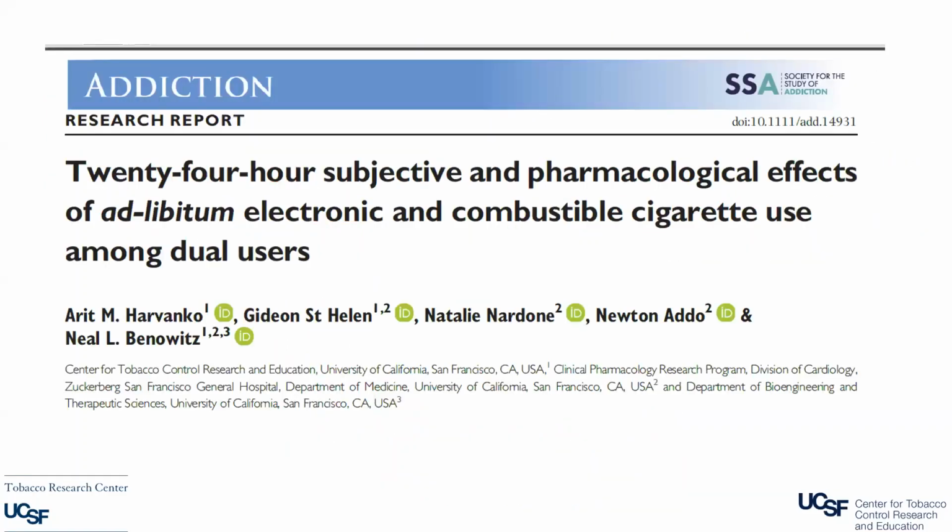And then we also reported another study. This one was also published late last year, where we looked at 24-hour subjective and pharmacological effects of ad libitum access to e-cigarettes and combustible cigarettes. This was the first study where we followed participants on a research ward for a full day, where they used the products for a full day.